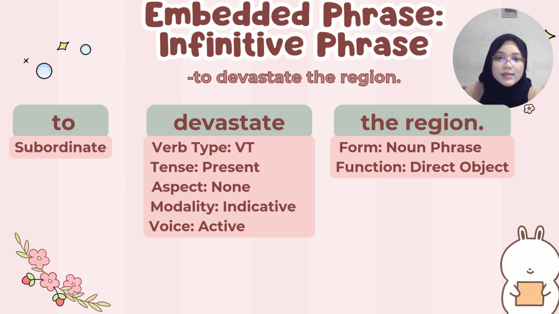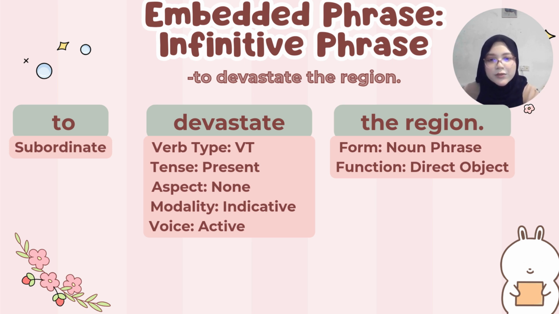Next we have the embedded phrase, or more specifically the infinitive phrase, for the sentence to devastate the region. We divide it into parts: we have the subordinate, and we have devastate, the verb.